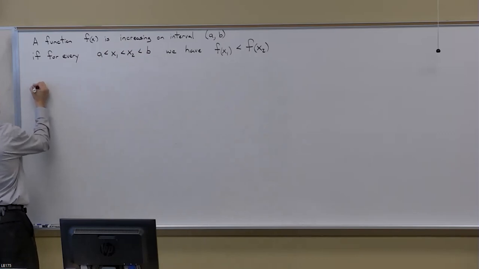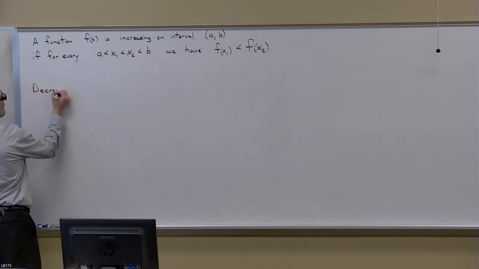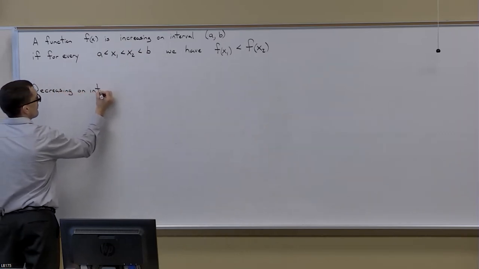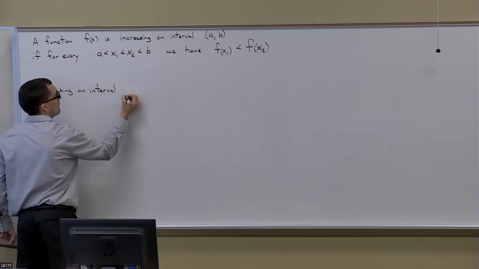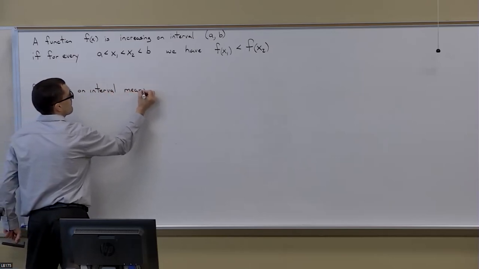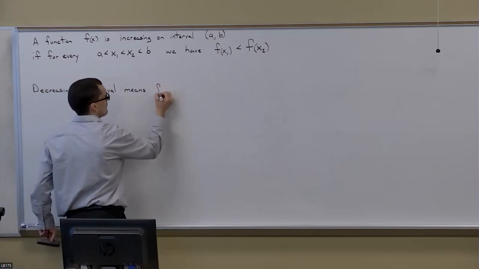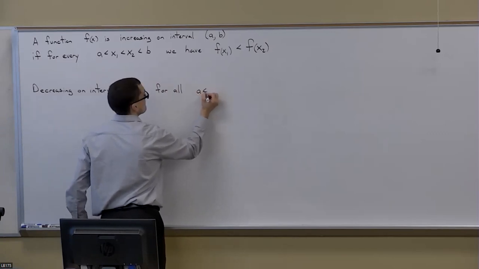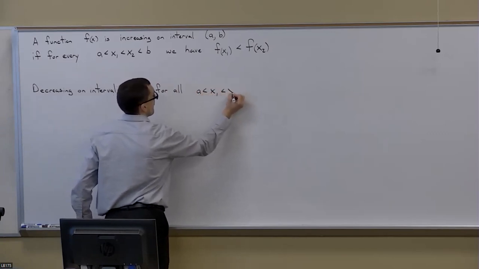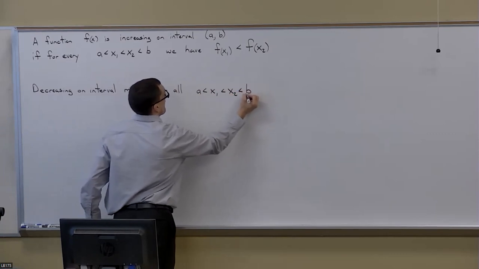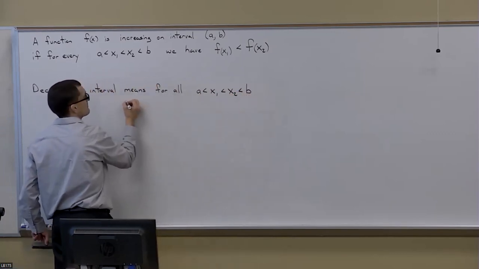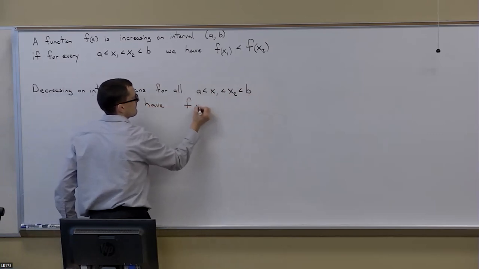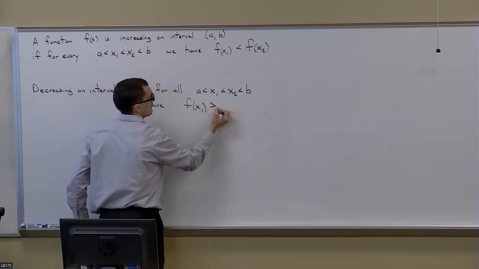So decreasing on an interval means for all x1 less than x2, we have f of x1 greater than f of x2.